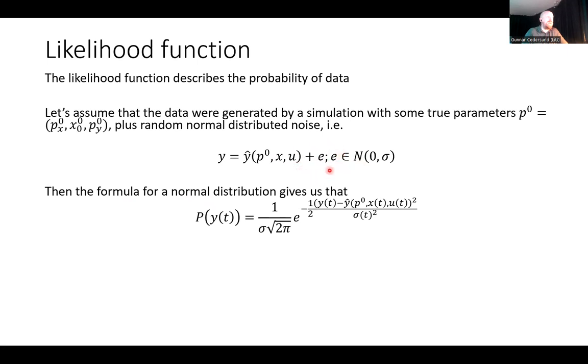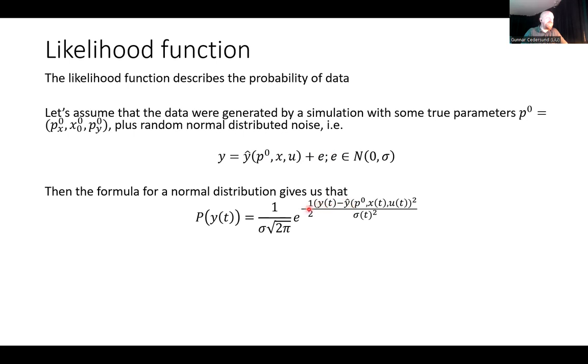So with this situation, the probability of measuring a value y here will simply be this mean value, which is the deterministic simulated value, plus a normal distribution. Or said in another way, it's a normal distribution where the mean of the normal distribution is y hat.